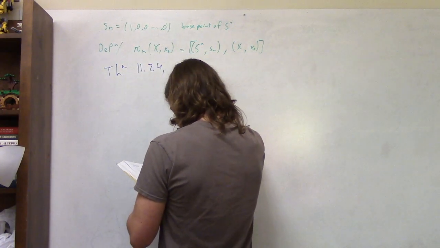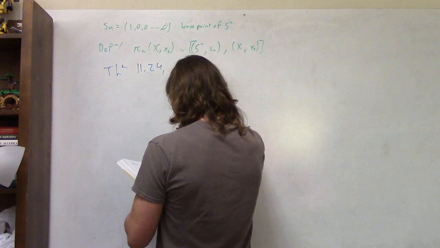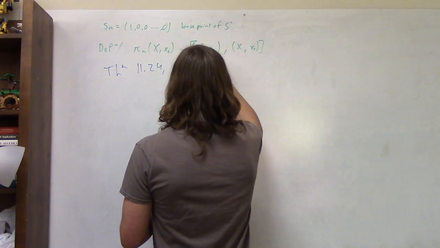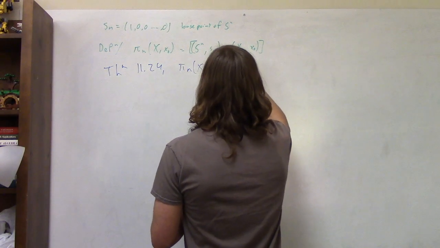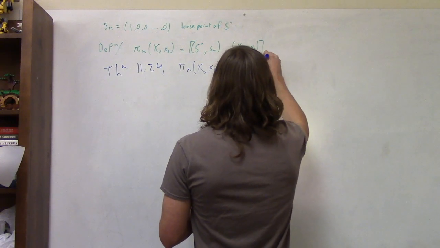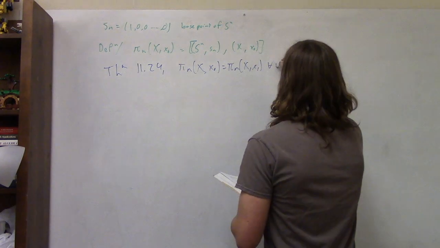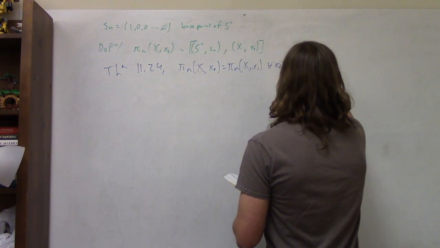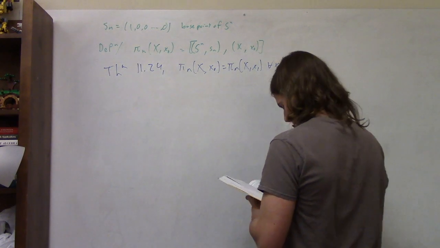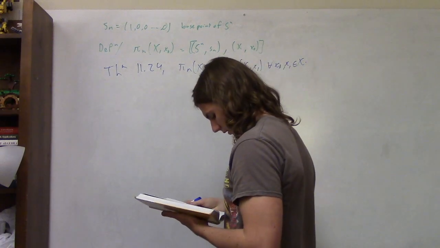So if X is path connected and there exists a local system, then pi n of (X, x0) is equal to pi n of (X, x1) for all x0, x1 in X. That'll help us figure out some other stuff.